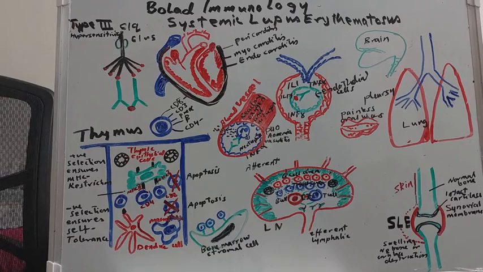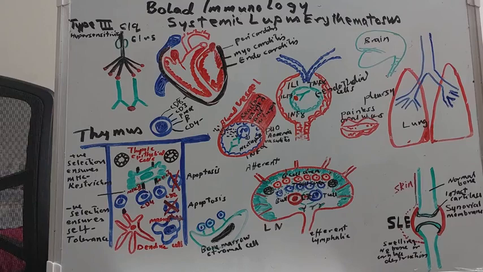So negative and positive selection ensure self-tolerance, tolerance to self-antigens encountered in the thymus, achieved by eliminating T cells that are reactive to self-antigen. So positive and negative selection of thymocytes result in mature T cells that are both self-MHC restricted and self-tolerant.